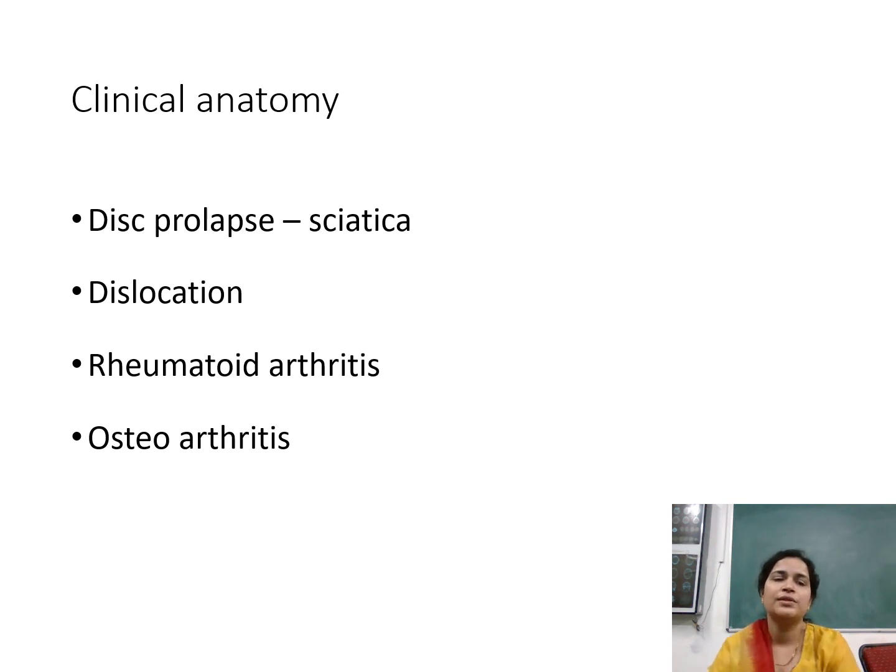Gomphoses are also called the peg and socket type of joint. That is the gomphosis, peg and socket type of joint.